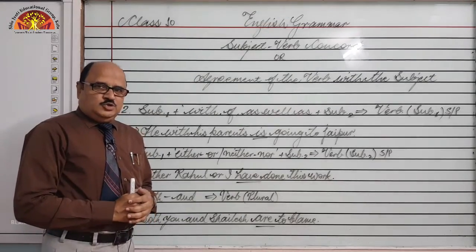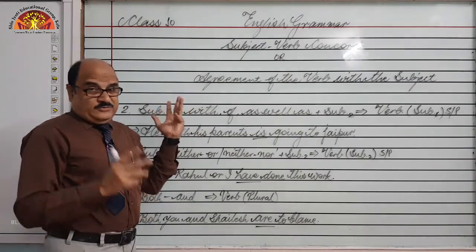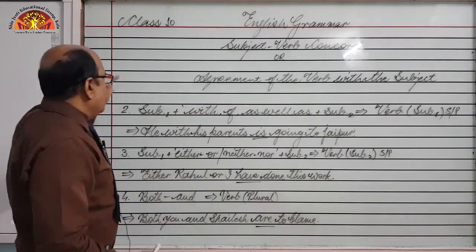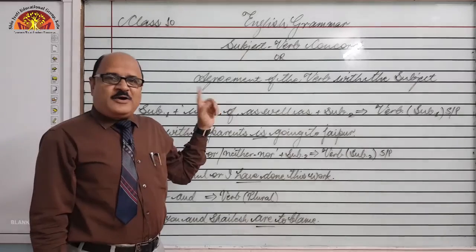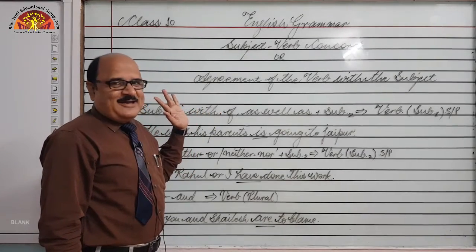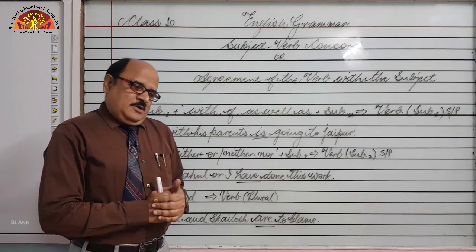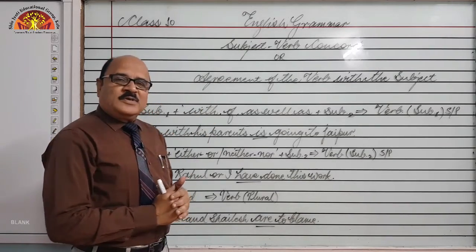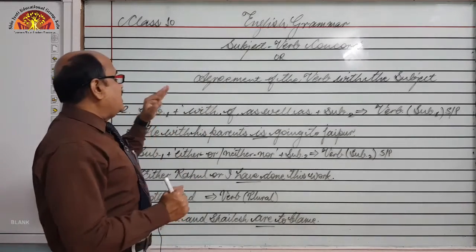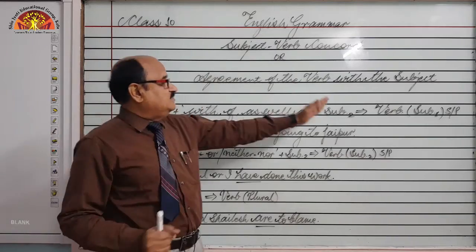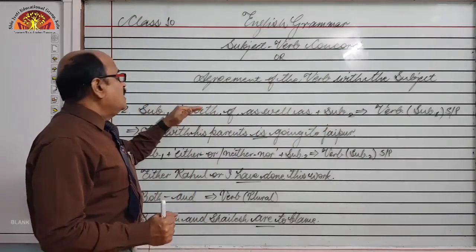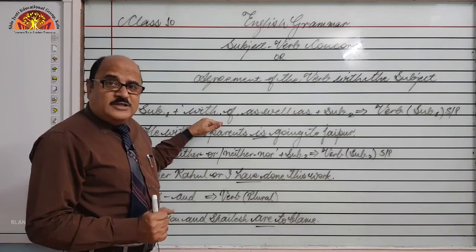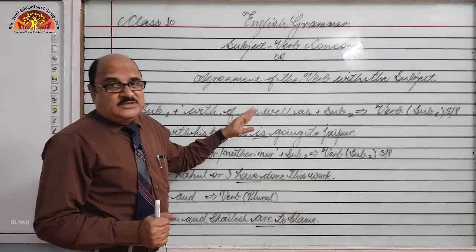So, students, to continue with the same topic, the second rule is: whenever two subjects are connected, this time the conjunction connector is different. Earlier, the coordinate connector was "and", right? But this time the conjunction is changed. Whenever subject 1 and subject 2 have been connected with of, together with, as well as, right?